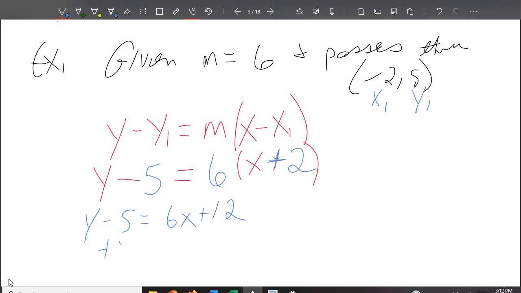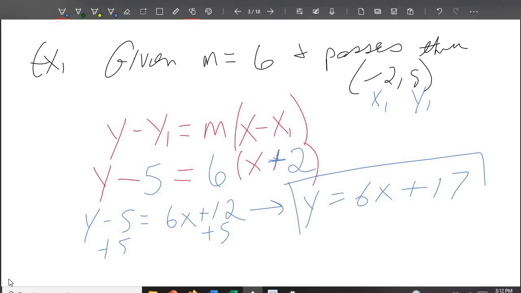Then we're going to add 5 to both sides, which will give me y equals 6x plus 17. This is the equation of the line. So I didn't have to find the slope on this problem, I just had to find the equation. So if you're given the slope, all you do is plug the 3 numbers in.